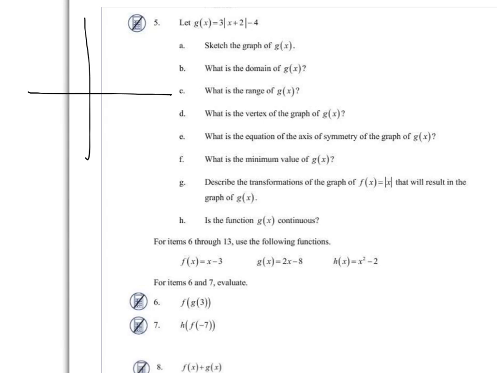Our vertex is at -2, -4, because in the absolute value equation here, we have x minus h, so minus -2 would be that plus. So -2, -4 is my vertex. And then the 3 in the front stretches it, and it's going to open up because that 3 is positive. So I'm going to go up 3.